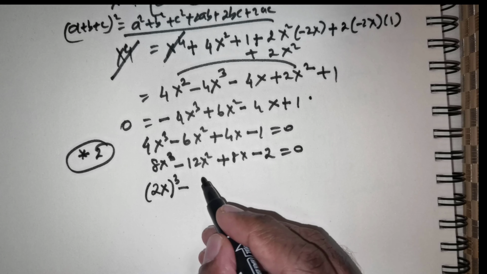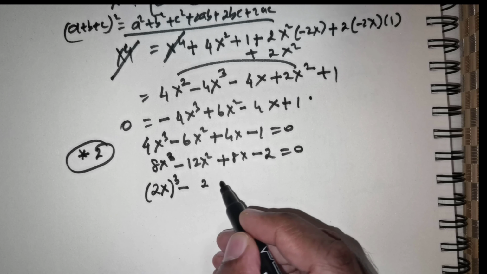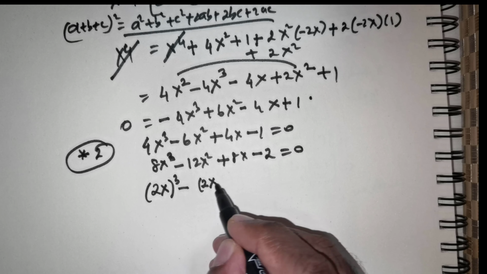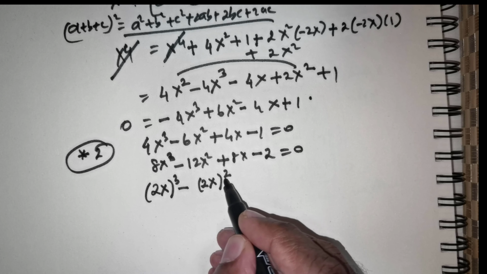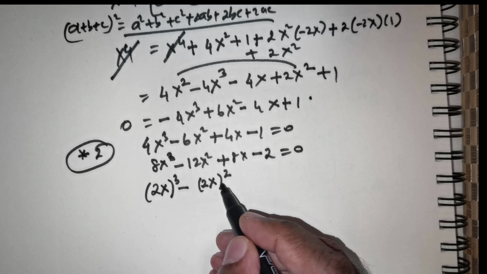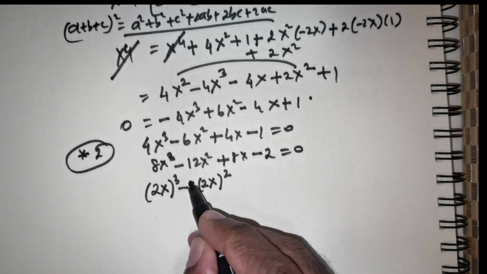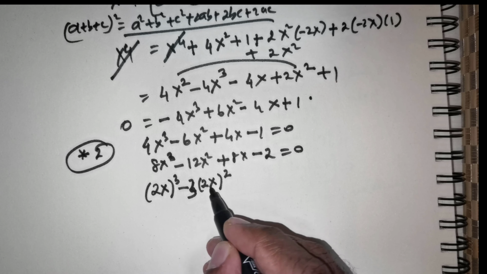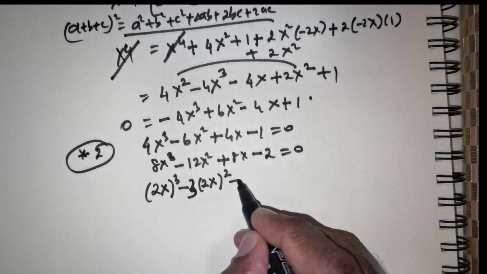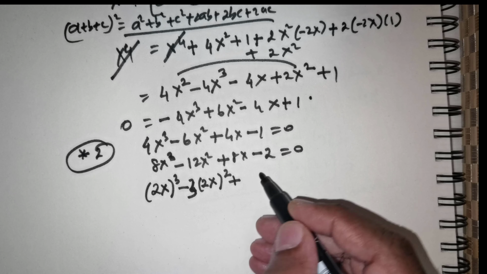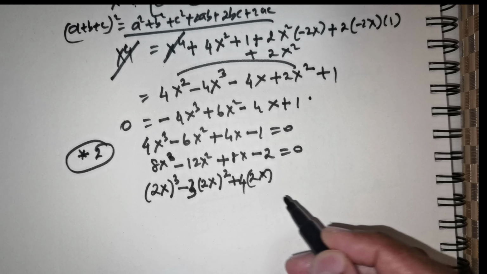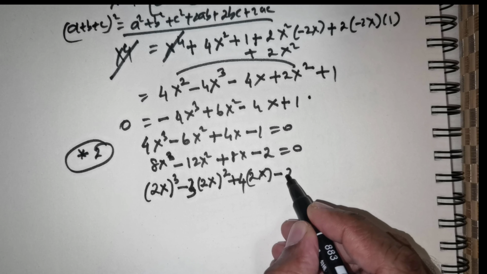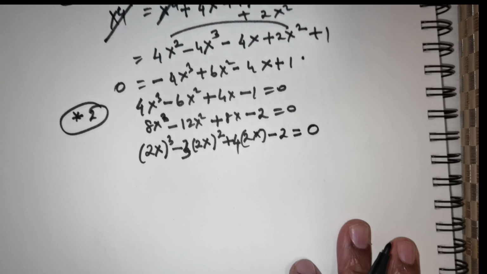Fair enough. And 12x squared, I want to rewrite it as (2x) raised to the power of 2, that's 4x squared, and that has to be multiplied by 3, right? 4 times 3 is 12. And plus, I want to have a 2x here, and then I should have a constant multiple of 4, and I'm not doing anything with the constant.